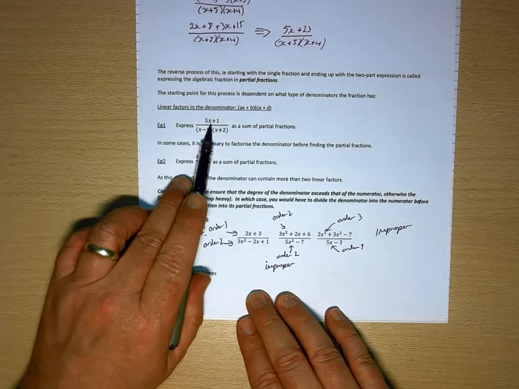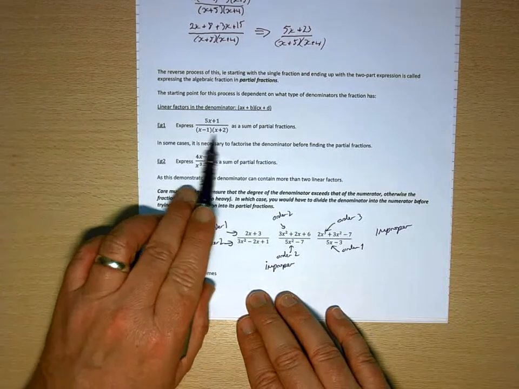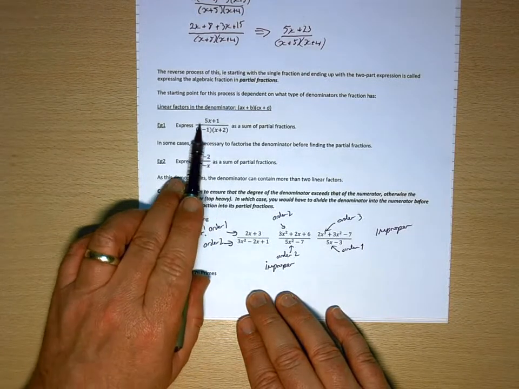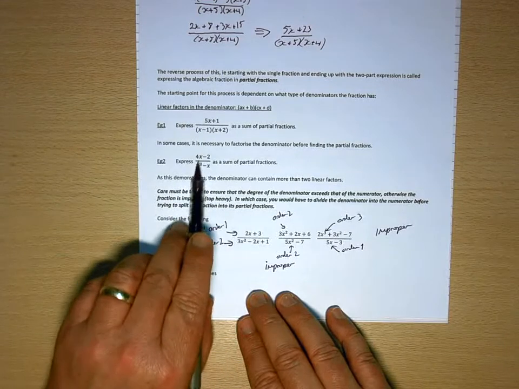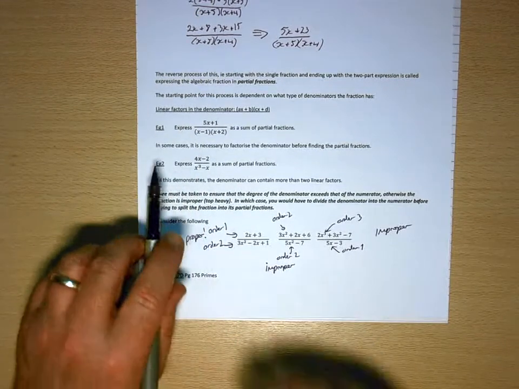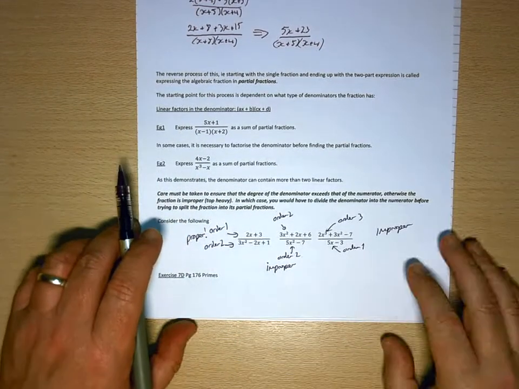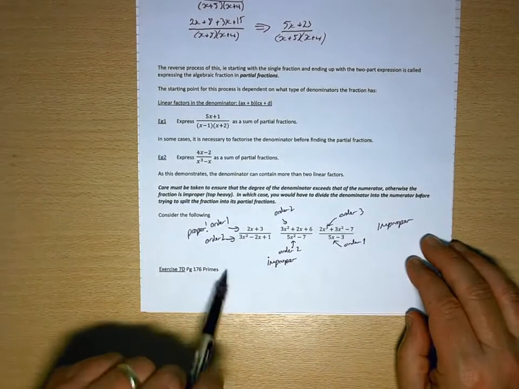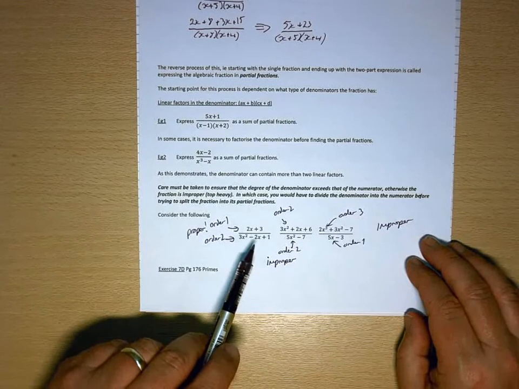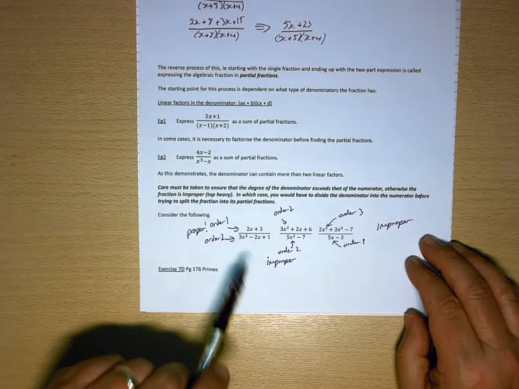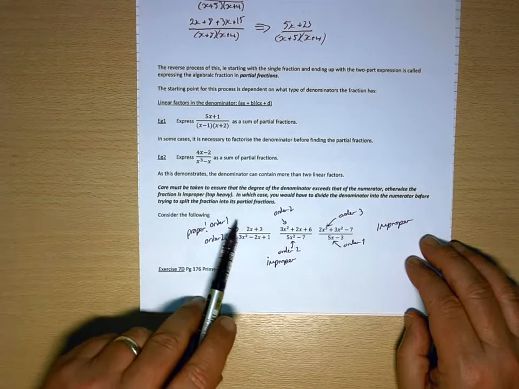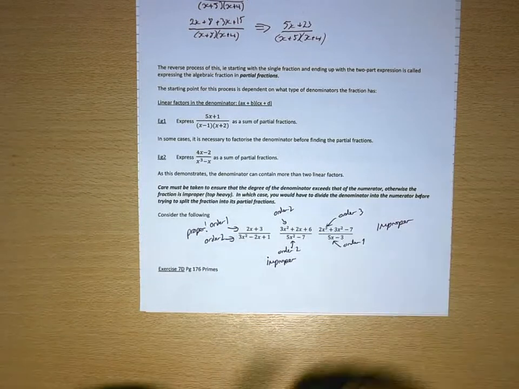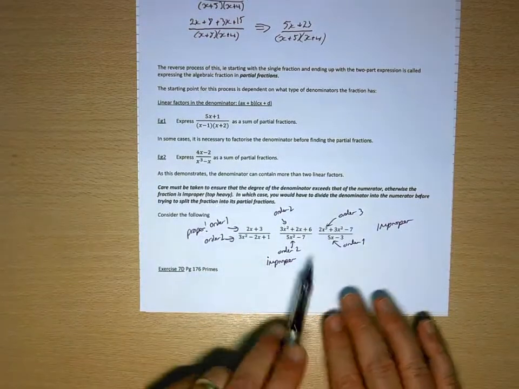If you look at above, that one's order 1, that would expand to give a quadratic, so that's fine. This one, order 1, order 3, they're fine. Now, I wouldn't expect you in an exam to have to spot that. It's likely that if they're asking you to do a partial fraction, it'll be in that format anyway.